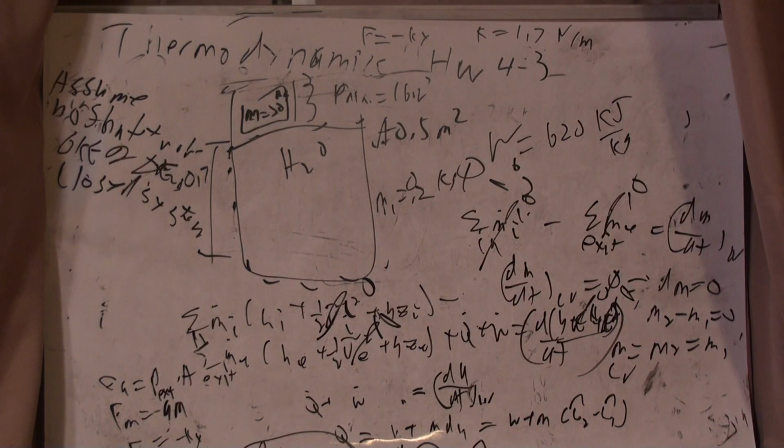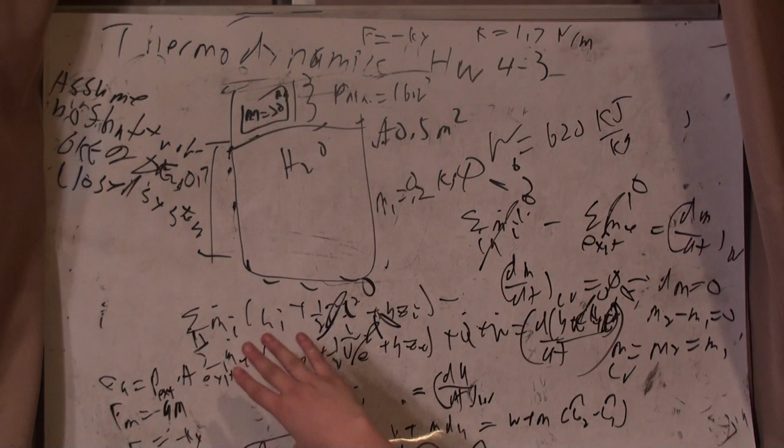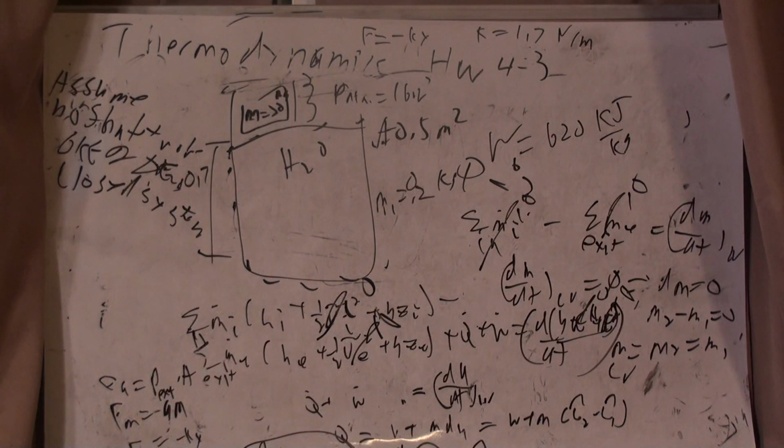Which now you have, okay, well, let's see here. Do you know the final pressure? Yeah, you would know the final pressure because you'd have this total force divided by area.